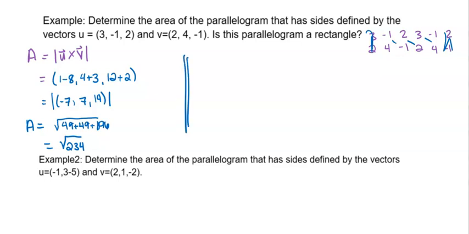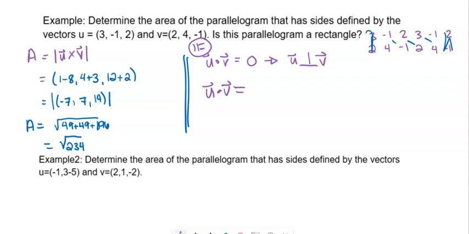So the second part of that question asks me, is this a rectangle? So it's going to be a rectangle if I have a 90-degree corner. And if I have a 90-degree corner, then the dot product of u dot v is going to be 0. And that's going to mean that u and v are perpendicular. Okay, so let's take u dot v.